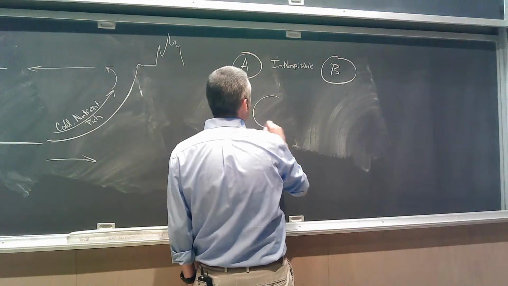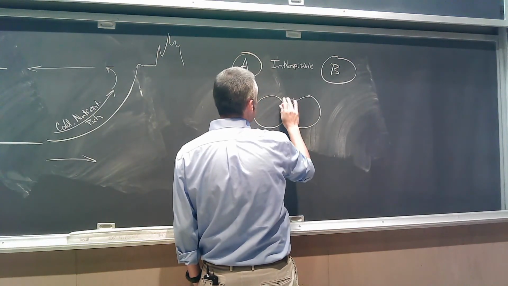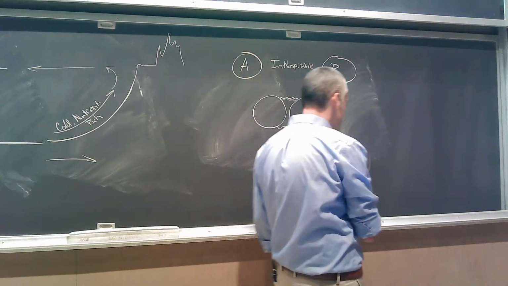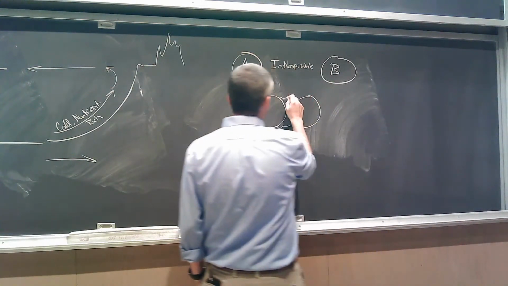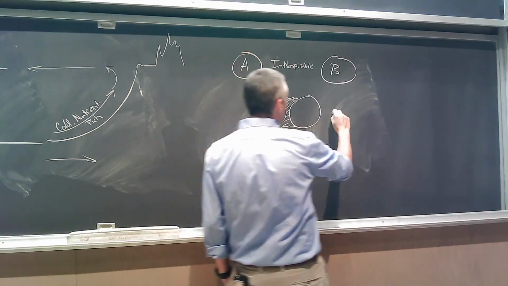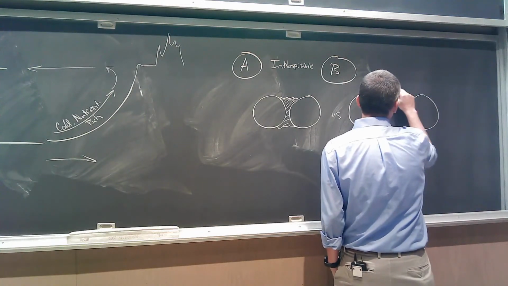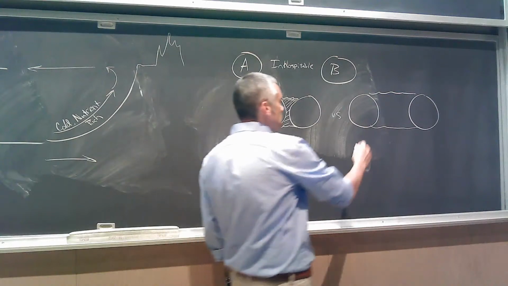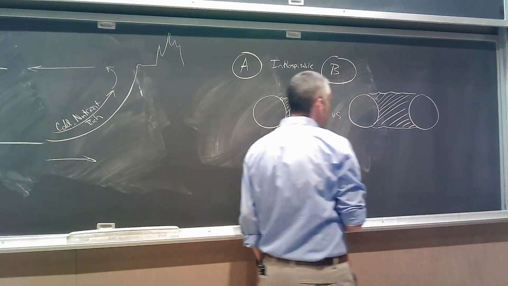But let's say our patches are closer. And now we have this zone where our species can live. It's no longer inhospitable. Our zone represents this ecotone, that transition area.